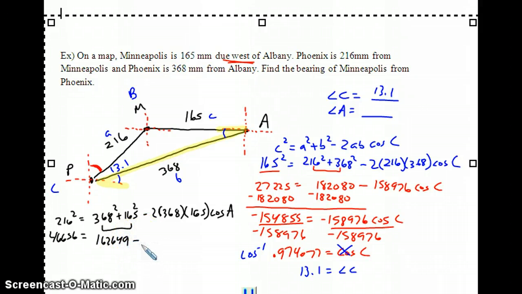And then negative 2 times 368 times 165.